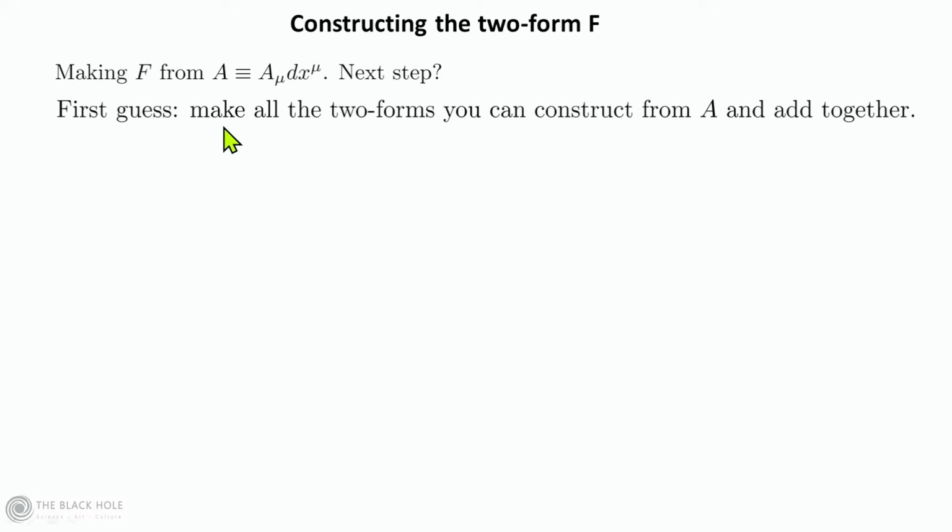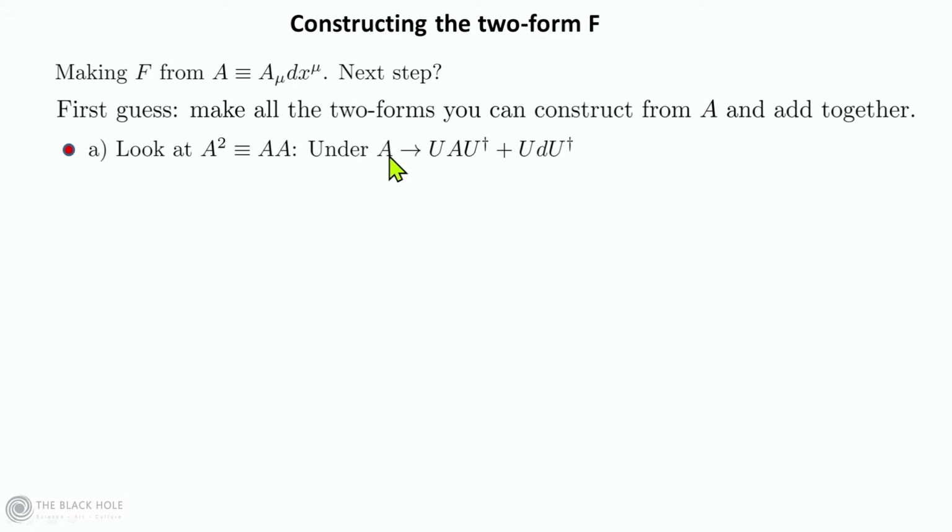So make all the possible two-forms you can construct from A and dA, the operator small d, which acts on something, and then you can add them together. Now, there's only two ways that you can do it. You can multiply A by itself, or you could have d acting on A. Well, let's first look at A into A.